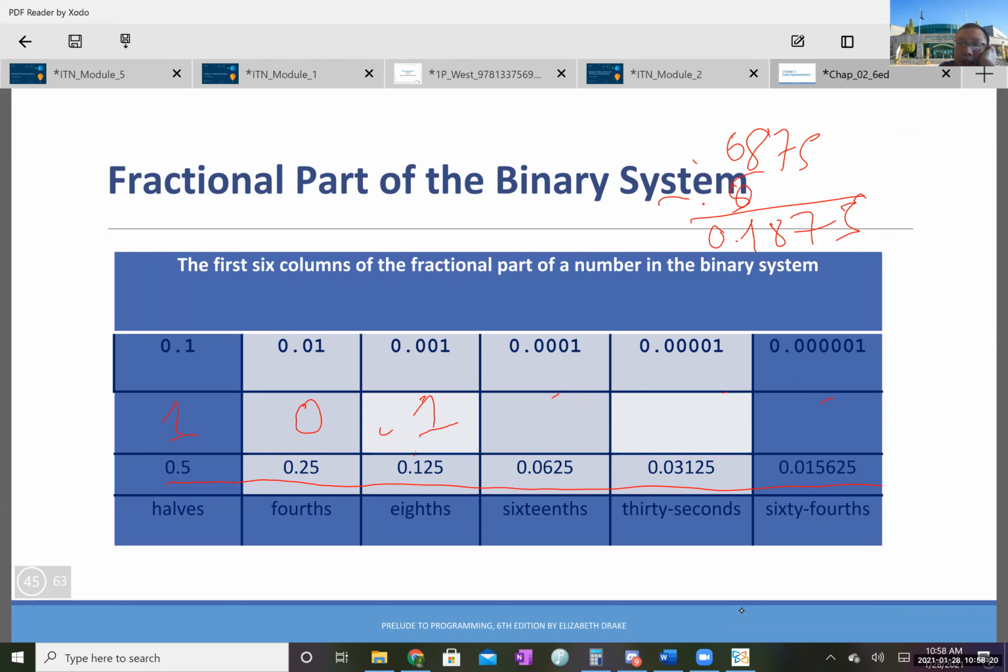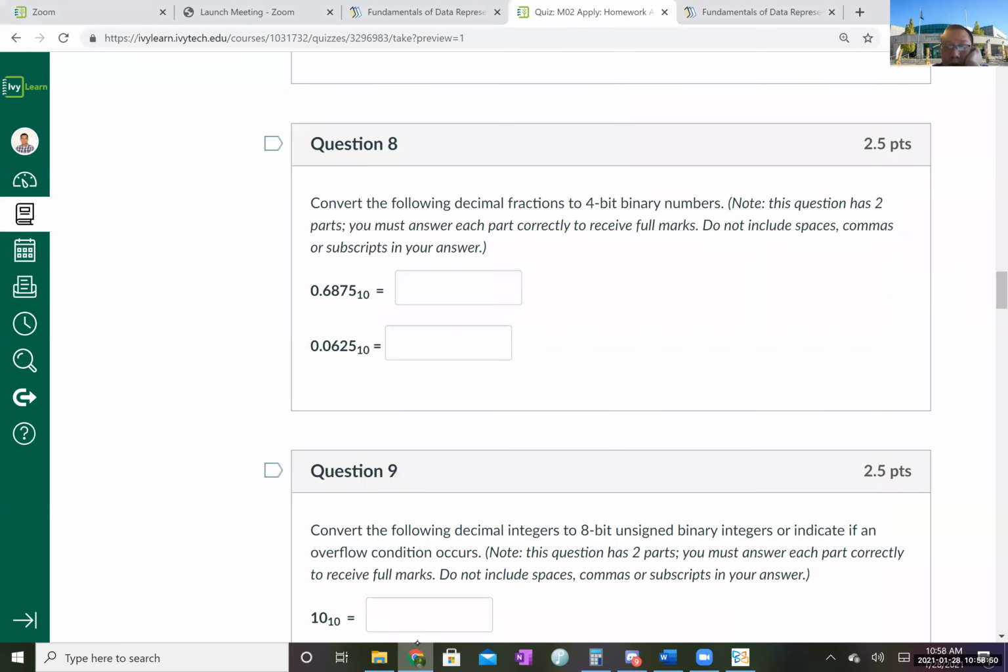So you have to subtract 0.125 here. So what do you have left? You have 0.0625 here, right? That perfectly matches this one. You see, perfectly matched. So that's why when you convert 0.6875 to binary, you will have 0.1011 here. Okay. You got it?